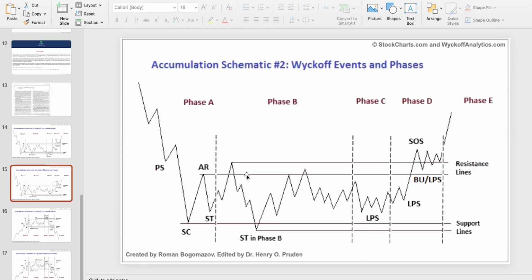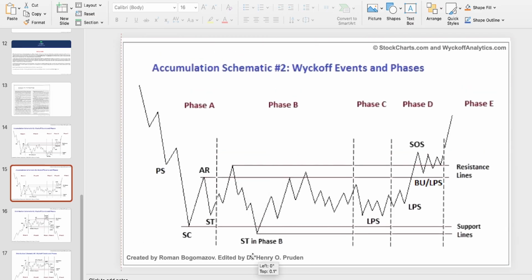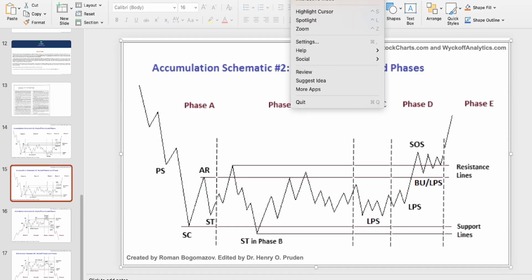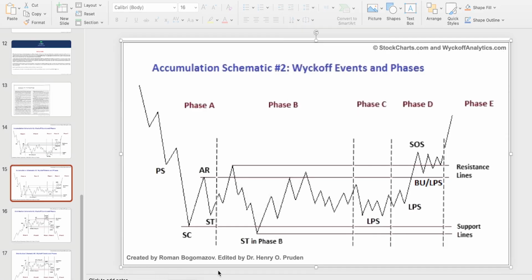As you can see in this schematic, we had a test in phase B, and because there was no reason for price to come to the level of support here, if you check the volume signature, I'm very sure there wasn't really any meaningful supply, any massive supply.